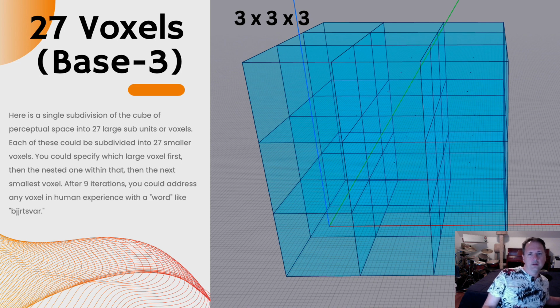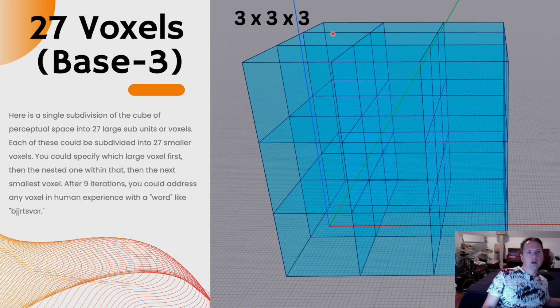Yet another way to consider these orientations, instead of vectors or handles, is to use this lettering system or numbering system to guide the subdivision of voxels, of the one cube into 27 cubes, with the central one being 0, or it could be a period or something. So you basically would need a 27-letter alphabet.